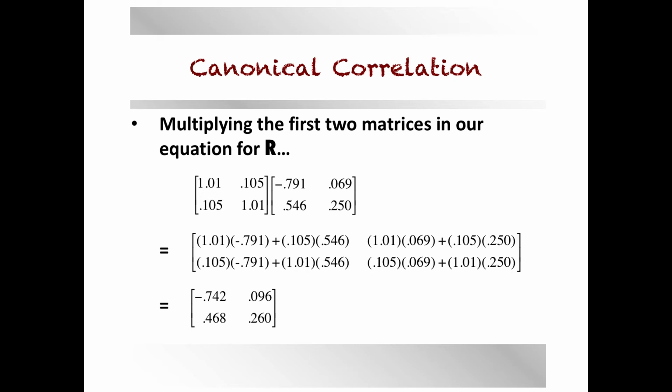So my rule of thumb on this is, when you're going for the top left, you take the top row of the left matrix and the left column of the right matrix. If you're going for the top right, you go top row of the first matrix, right column of the second matrix, and so on. All right, so this is your 2 by 2 matrix multiplication.